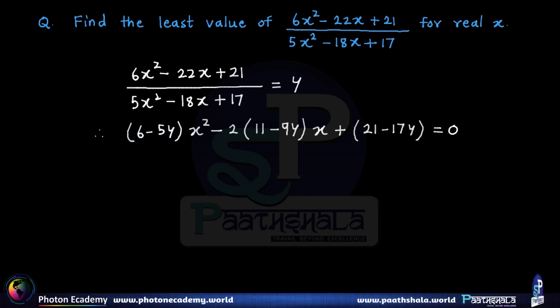Now since we want x to be real, which is nothing but the root of this particular quadratic equation, we must say that the discriminant delta must be greater than or equal to 0.